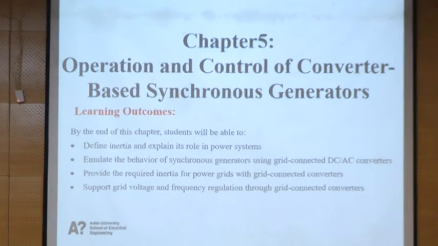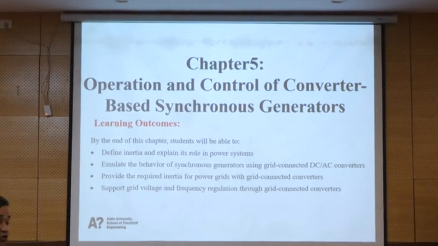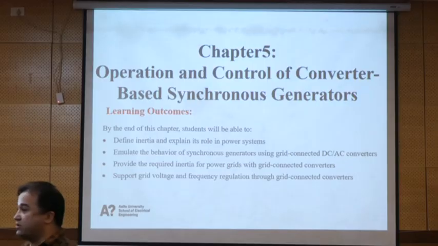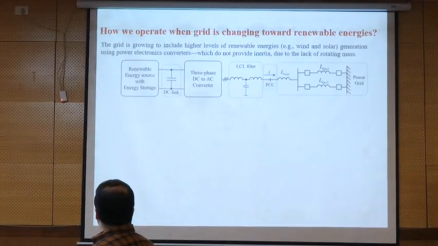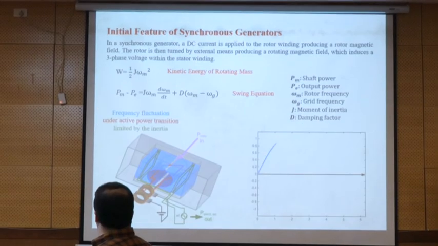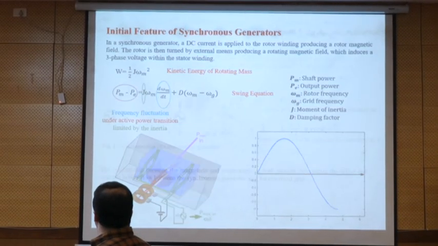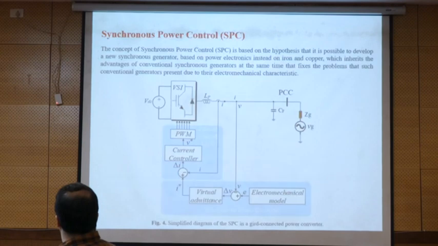So now I'm going to conclude this chapter, and in the next session we will start to talk about operation and control of the converter-based synchronous generator. If you are interested, we will go through the inertia and how we can provide the model of the synchronous generator.